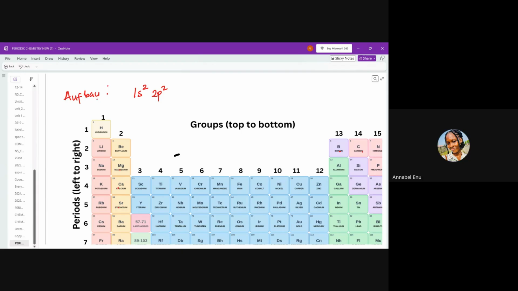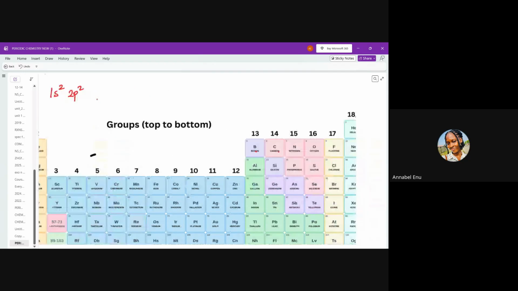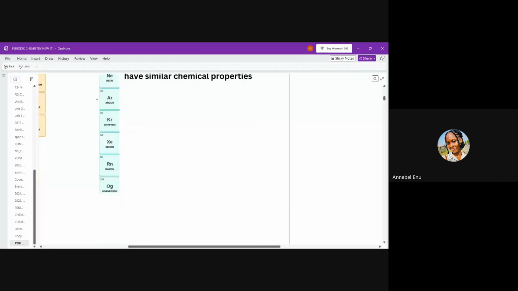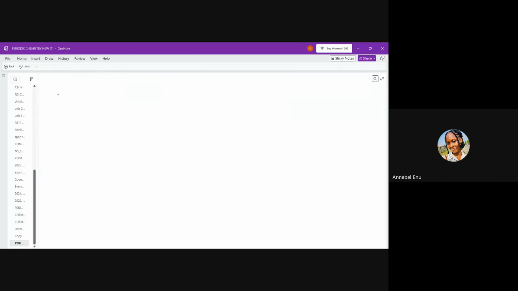Okay, yes. So like I said, there are two ways we can write electronic configuration. The first way is the electron shell method. Okay, we can call that the Bohr method. I hope you all can still see my screen.